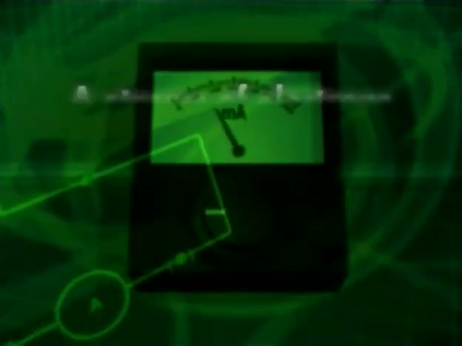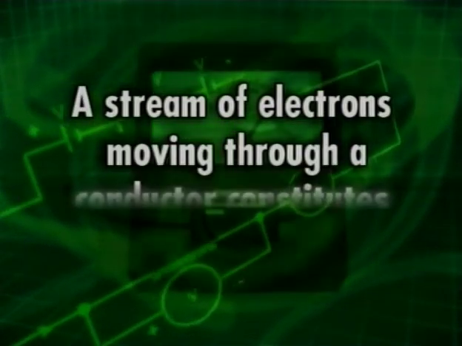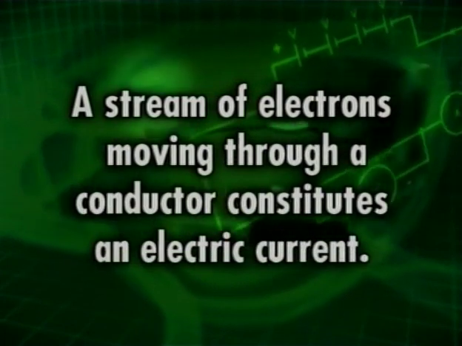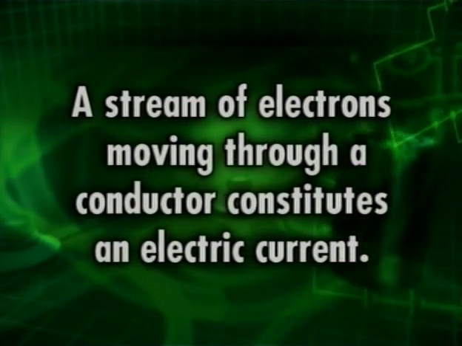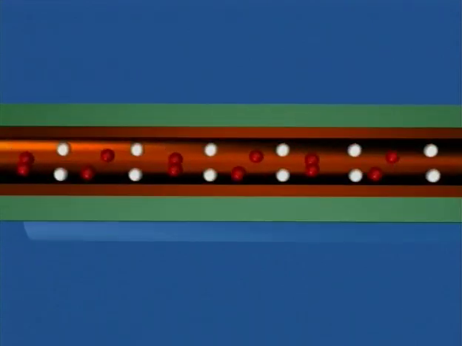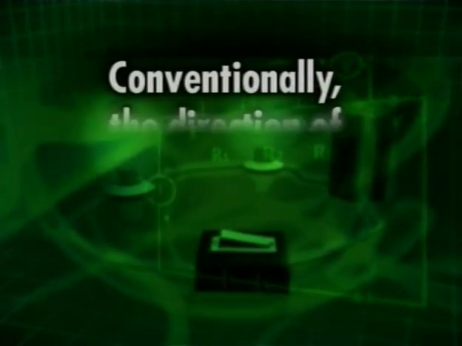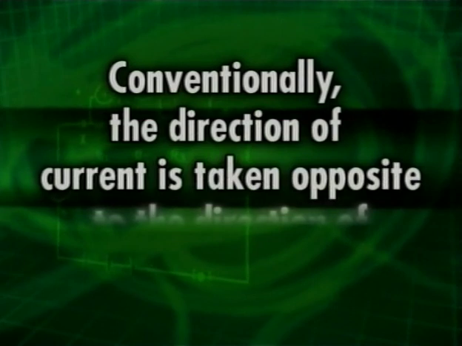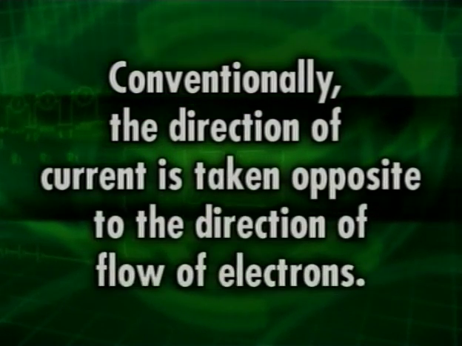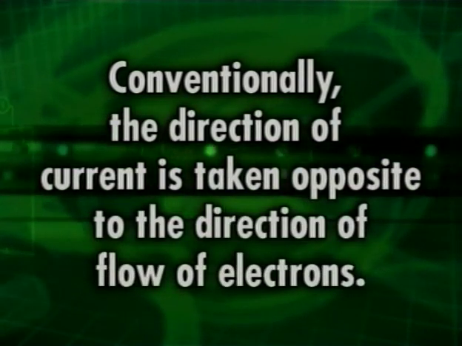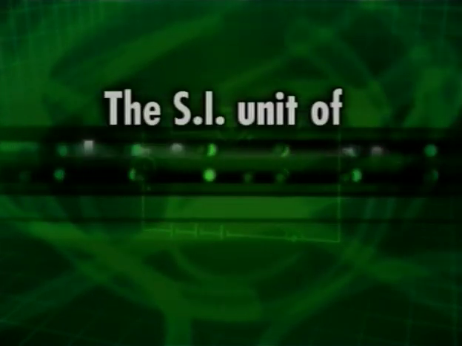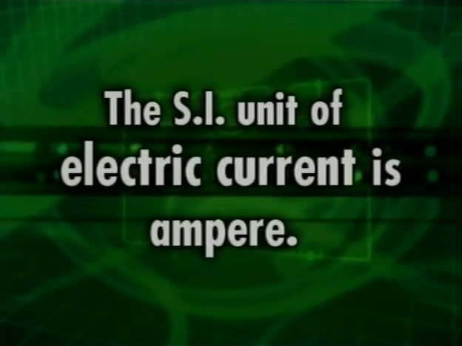Today, we have therefore learned the following points about electricity. A stream of electrons moving through a conductor constitutes an electric current. Conventionally, the direction of current is taken opposite to the direction of flow of electrons. The SI unit of electric current is ampere.